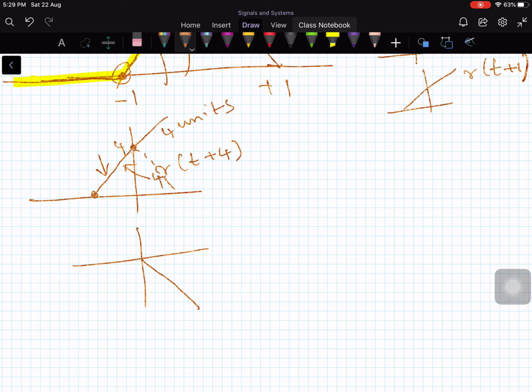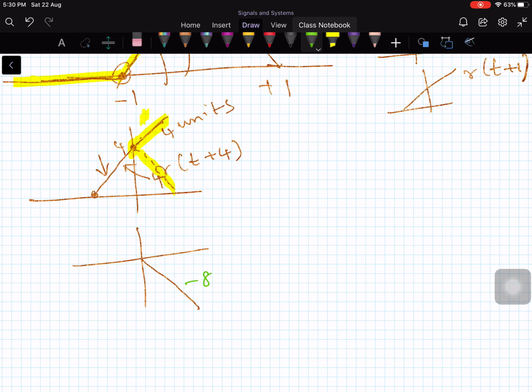To pull this portion down, we introduce a resultant slope of minus 4 at this point. Here you have increasing plus 4, so totally I need minus 8 units of slope.